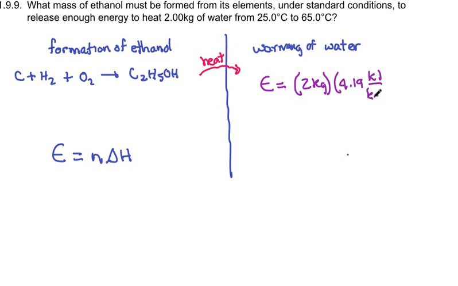Again, I'm working in kilo units because that's what they gave me. And the temperature changes from 25 to 65, so 40-degree increase. Crunch that out. 2 times 4.19 times 40. And we get 335.2 kilojoules.